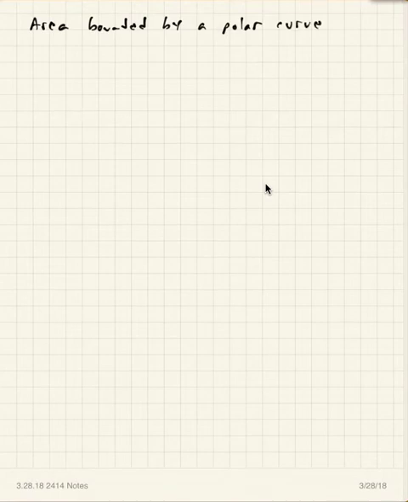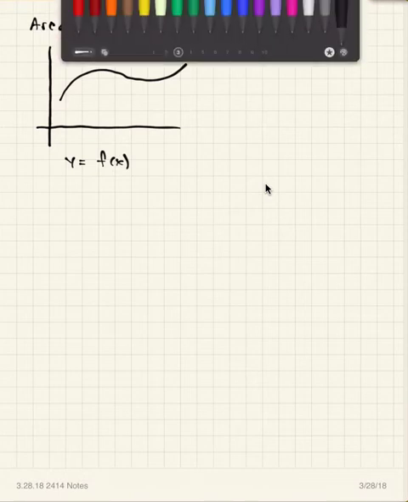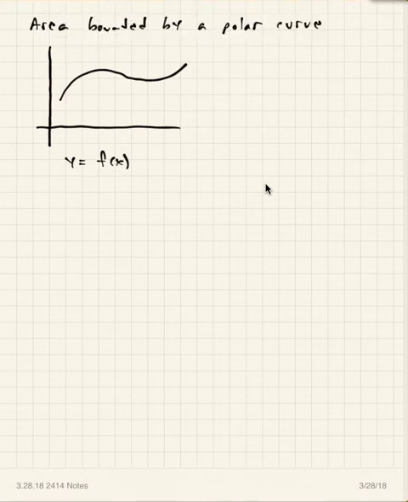So what I want you to do is think about what you did back as a Calculus 1 student, when you were given that y was some function of x, and you were looking for area underneath a curve like that. Remember the idea here was to increment the domain a little bit and look at a rectangle that was determined by that little increment.